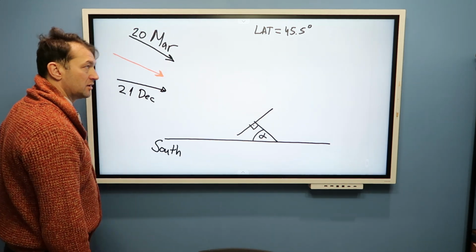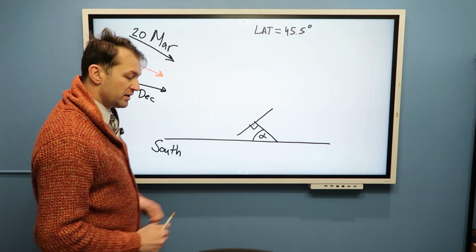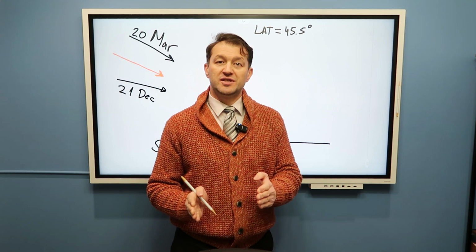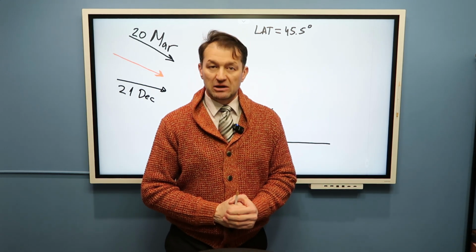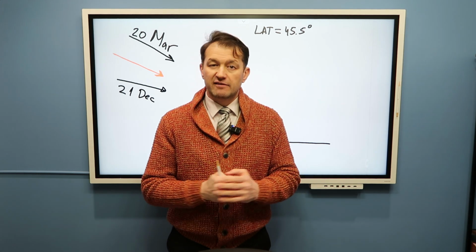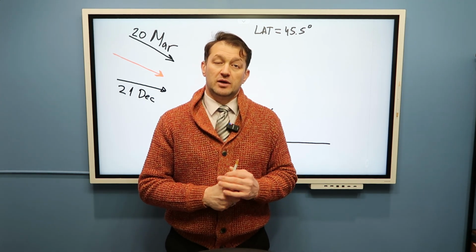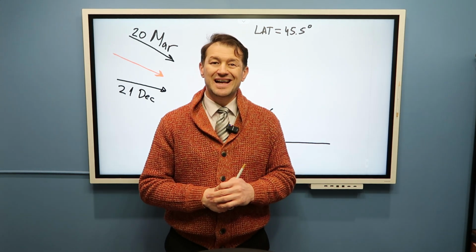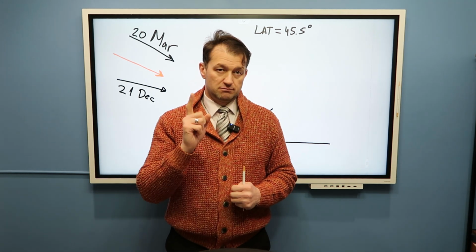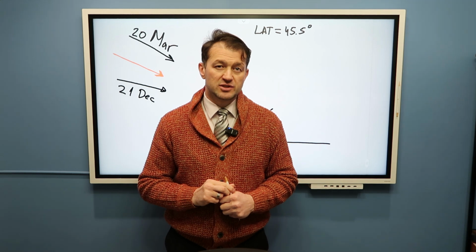Well, that's easy actually. Because 21st December is the first day of winter in the northern hemisphere, therefore it is also the first day of summer in the southern hemisphere. And we know that when we have the first day of summer over the southern hemisphere, the sun is directly overhead over which latitude? Did you check my video on latitudes and seasons?